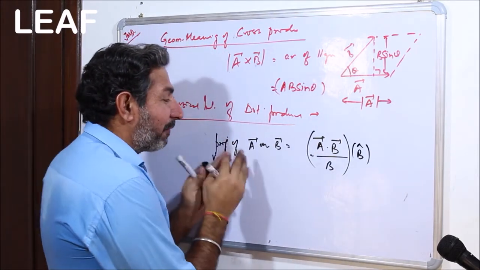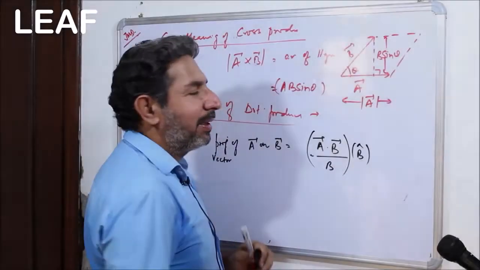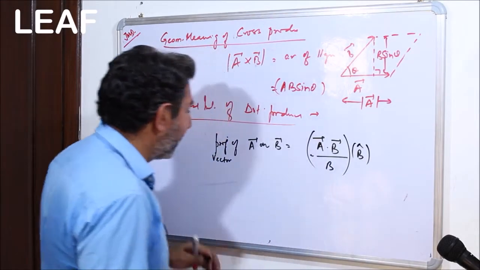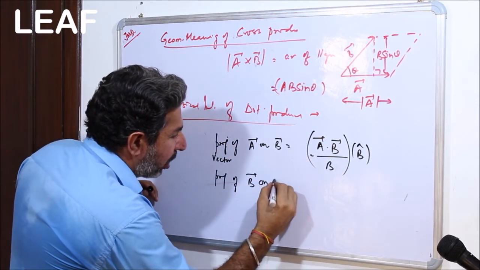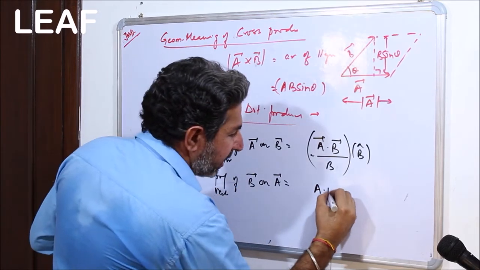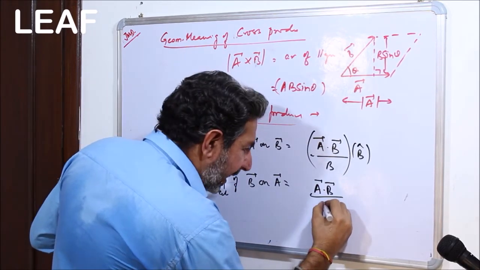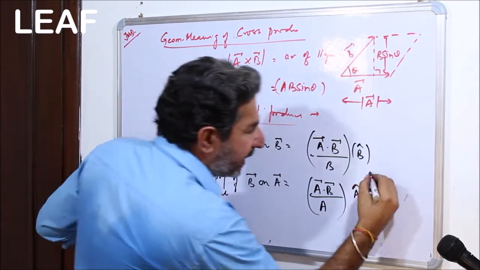So the projection vector of A on B is A dot B divided by B, into B cap, as simple as that. And equivalently, the projection vector of B on A is A dot B by A, into A cap.